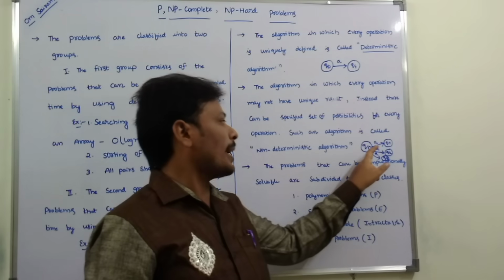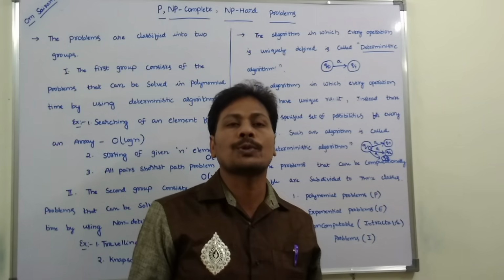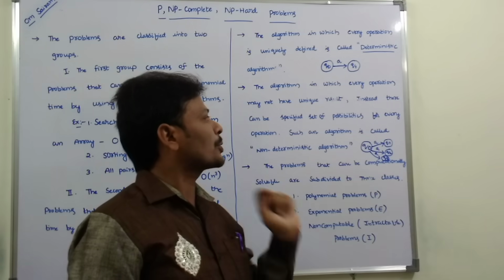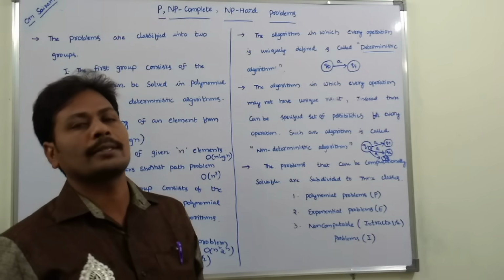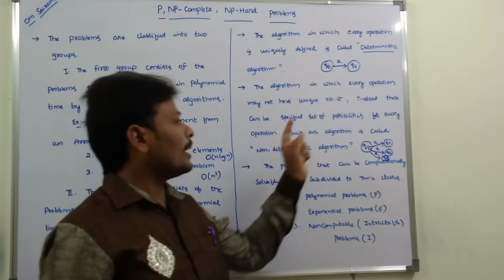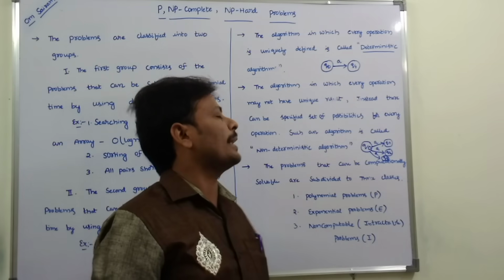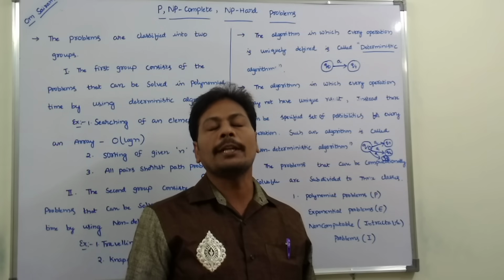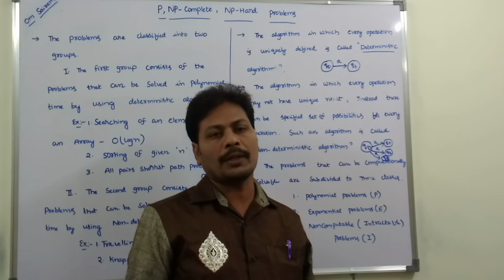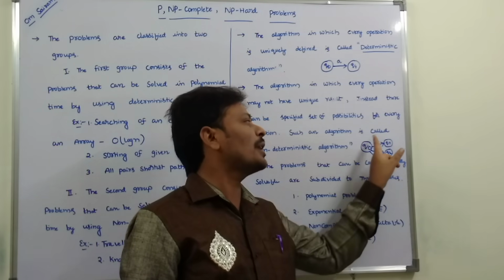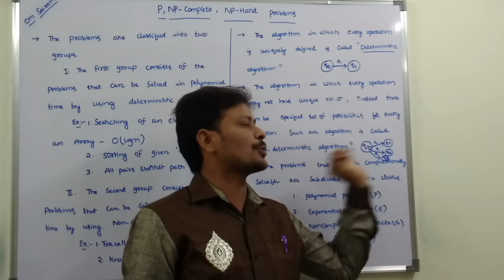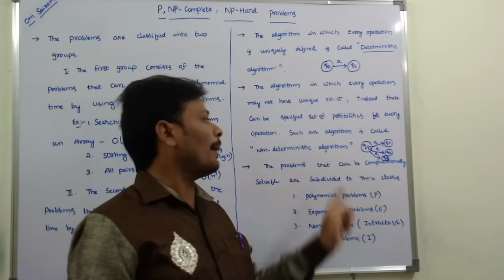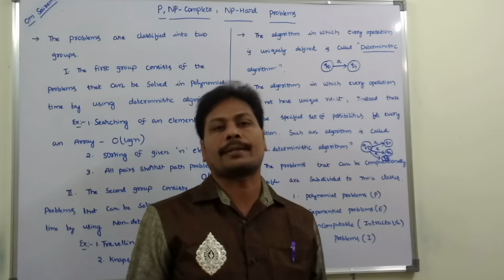With the same input, it can go to Q2 state. With the same input, it can go to Q3 state. So there is a set of possibilities for every operation in non-deterministic algorithms.